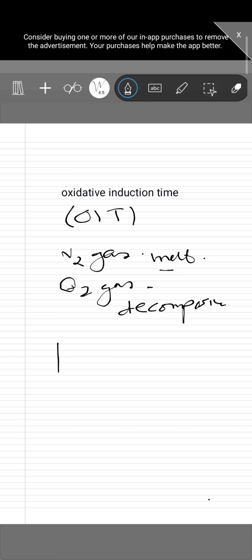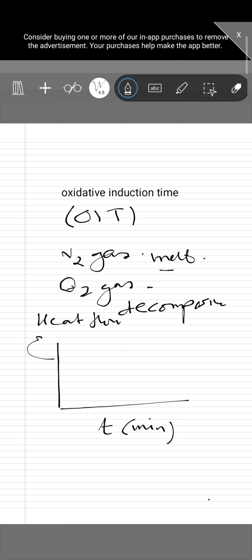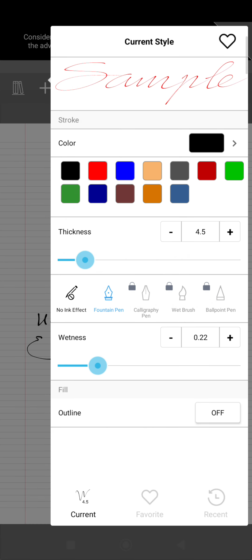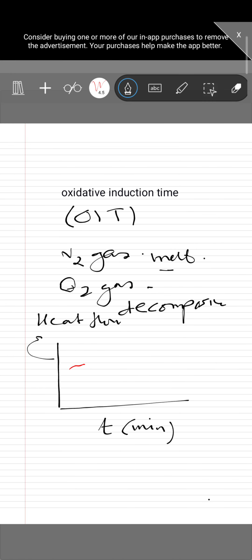Now the usual plot of an oxidative induction time test is like this. You have time in the x-axis and you have heat flow in the y-axis. So instead of temperature you have time now, and the plot usually takes the shape like this.